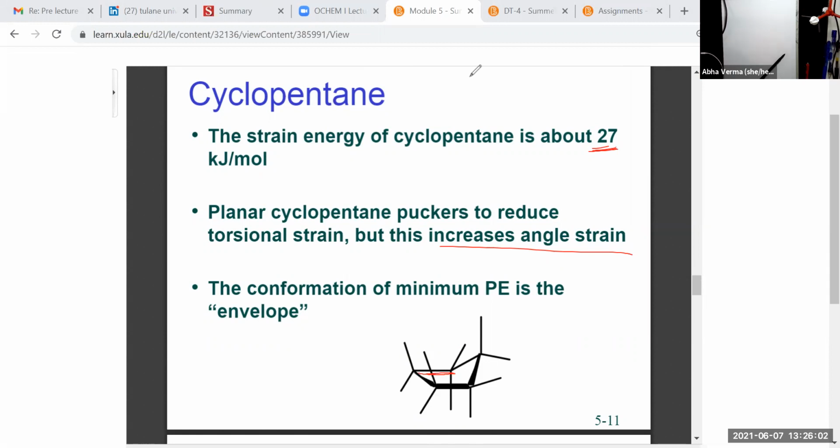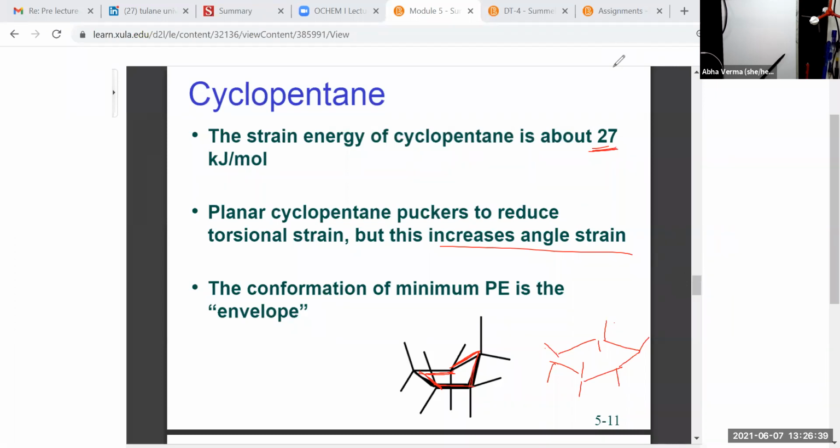So you see there is this planar part and then a raised carbon, which takes the conformation of an envelope. It still has some torsional strain, but not as much as if it were a flat molecule where all of these hydrogen pairs would be straining. So then we would have 1, 2, 3, 4, 5, 6, 7, 8, 9, 10, at least 10 hydrogen-hydrogen interactions. But now it is a little less.